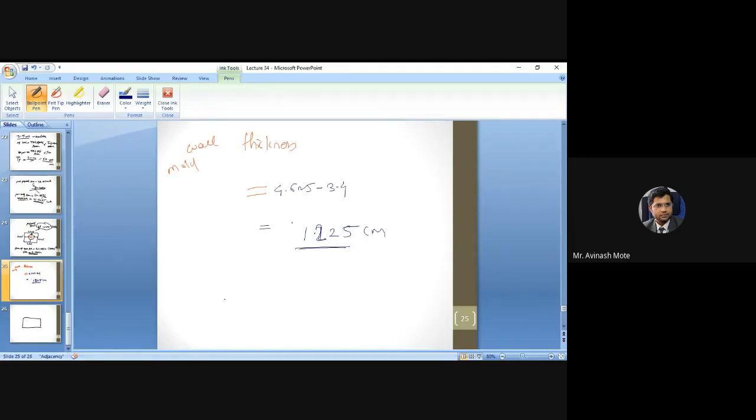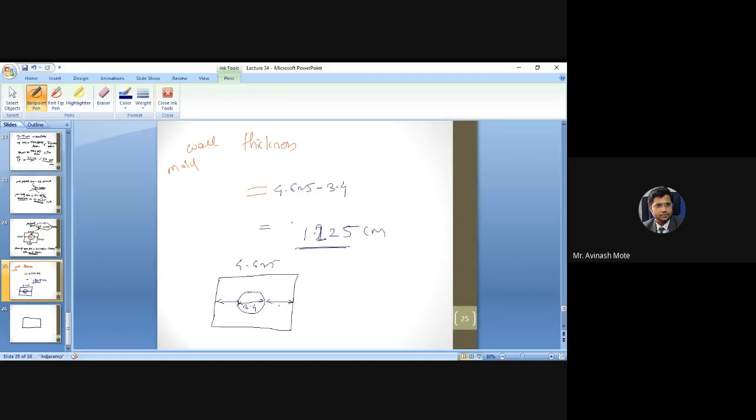Rather than going backward, I'll draw it here. This is 3.4, and the two side dimensions together equal 1.225, since we considered the entire size as 4.625.